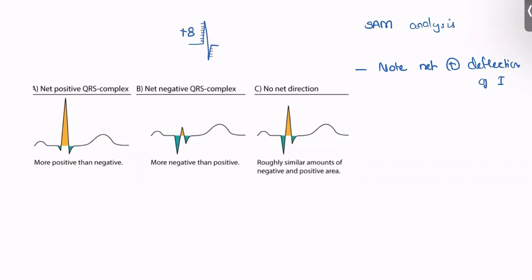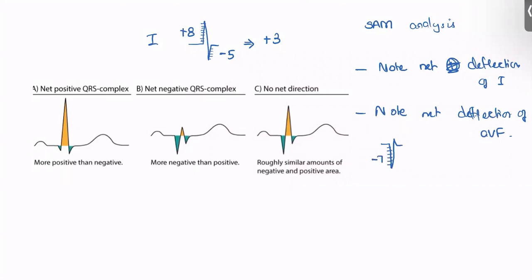Then 1, 2, 3, 4, 5, so minus 5. The net is plus 3 for lead 1. Next, note the net deflection of AVF: 1, 2, 3, 4, 5, 6, 7, minus 7 plus 2, so the net is minus 5.